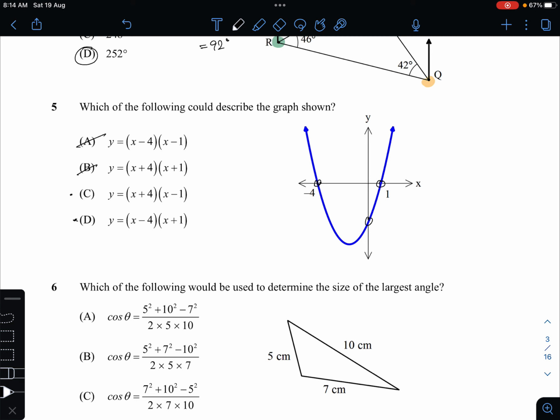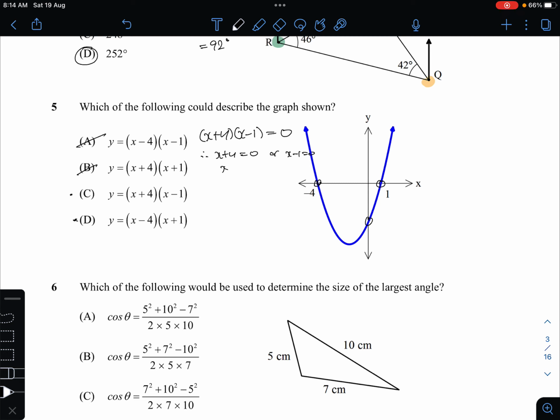The difference between these two is the x-intercepts. So for this one, (x plus 4)(x minus 1) equals 0 for the x-intercepts, and therefore x plus 4 equals 0, or x minus 1 equals 0.